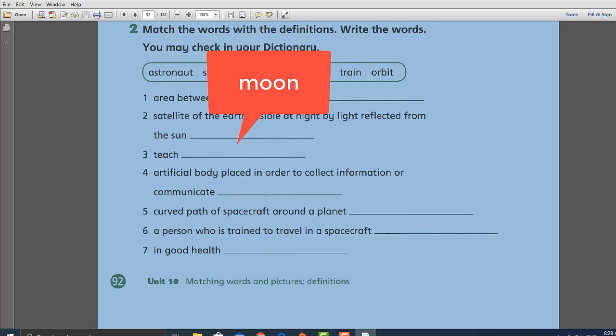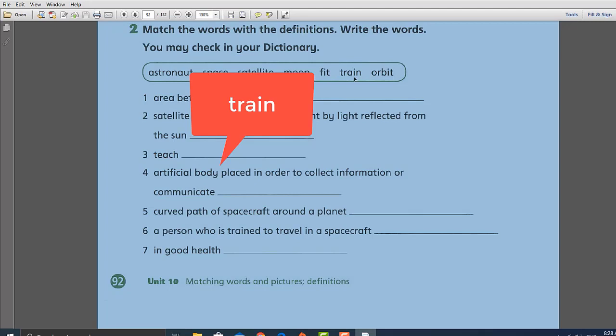Number 3. Teach. Teach means, very good, train. Number 4.